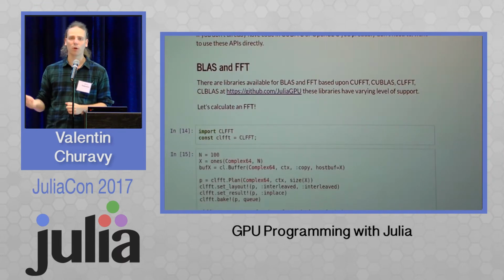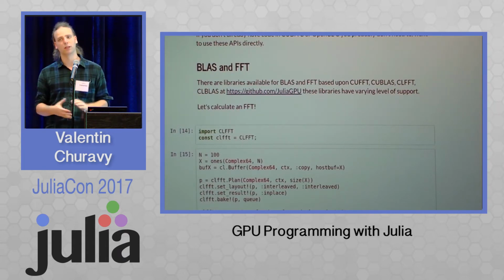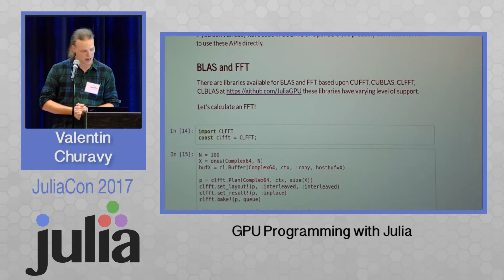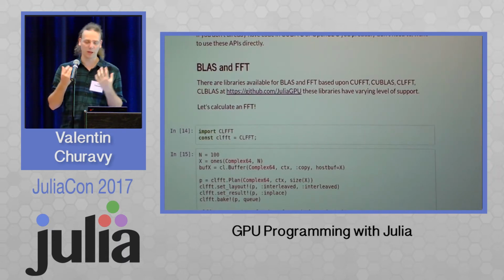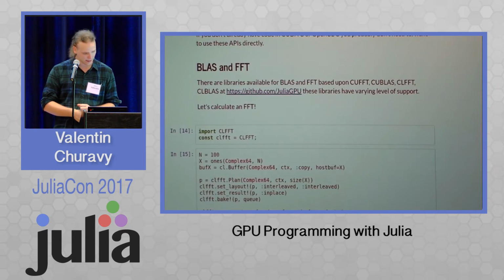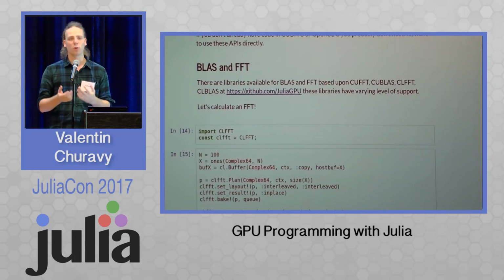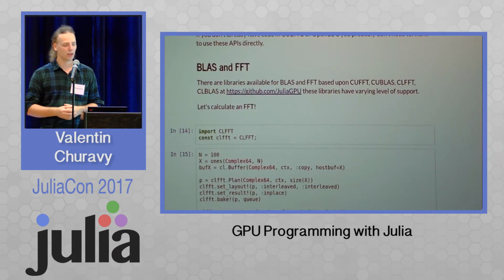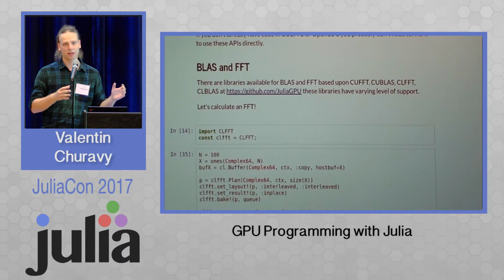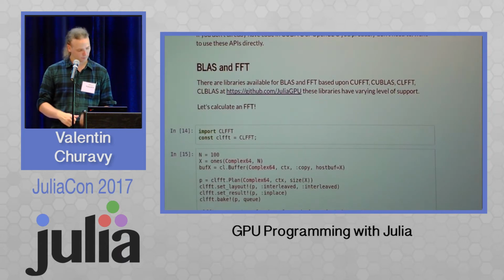I just import CLFFT, and then I create a buffer on the GPU, and I create a plan, I tell it what layout my data will have, and I then enqueue that transform and read the result back. It's a little bit more complicated than working with the FFT library in Julia, but it allows you to get started right away instead of having to write your own code.